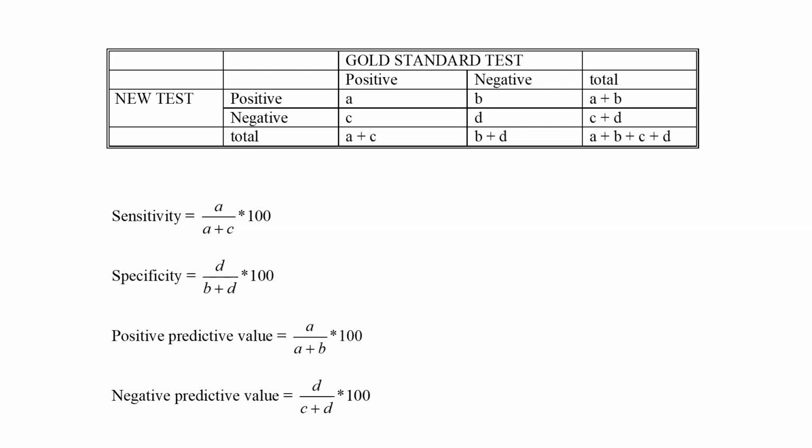But positive predictive and negative predictive value, what do they say? Positive predictive value is A plus B. That means out of the positive results we get, how many people actually have the disease.